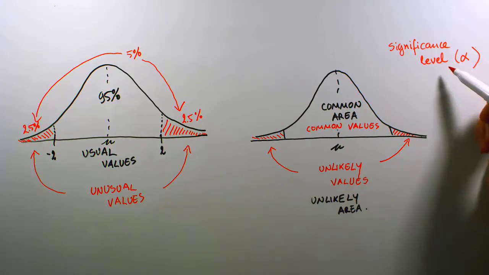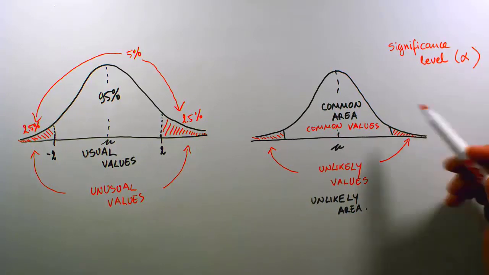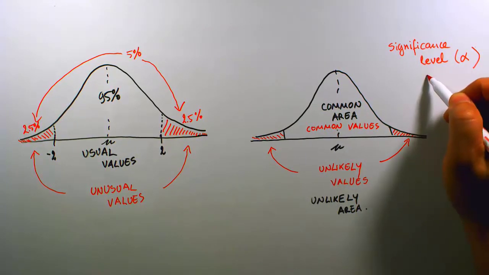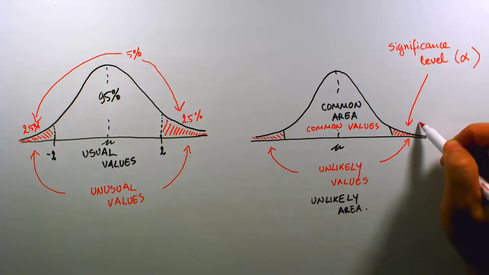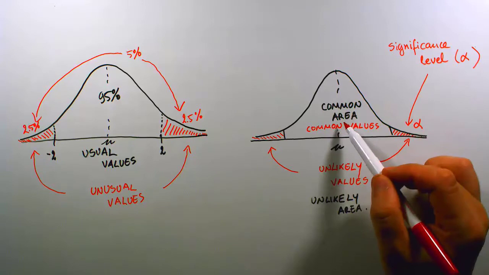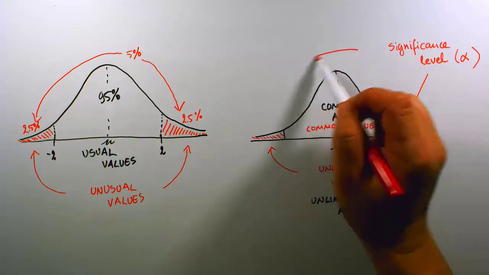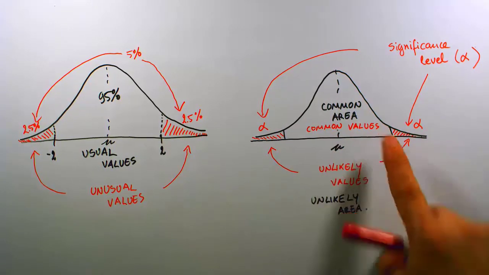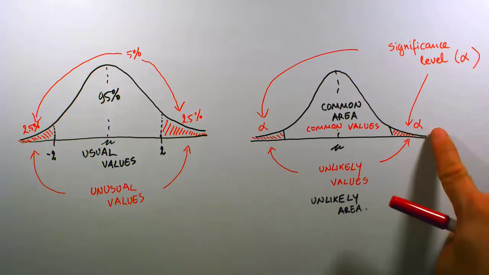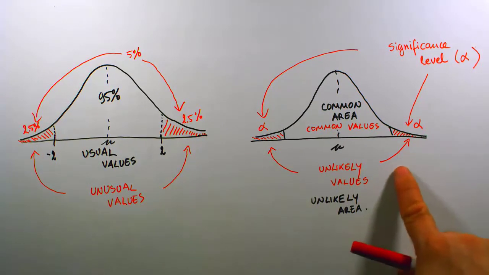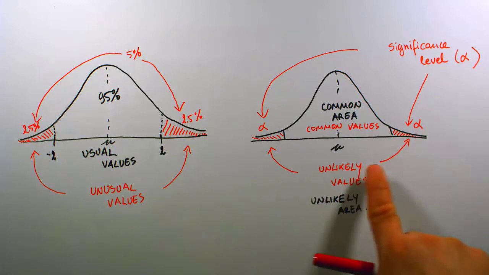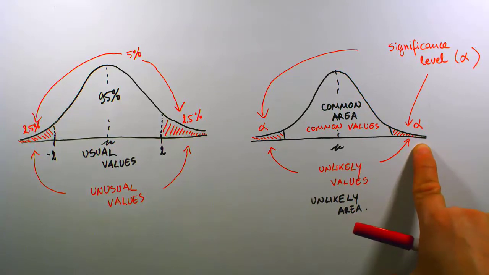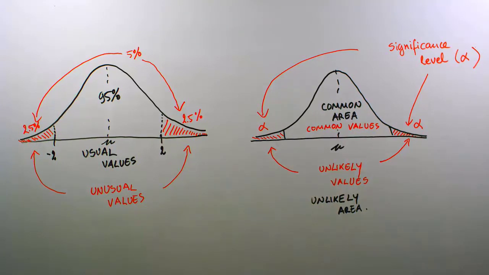But in this concept of the common area and the unlikely area, the significance level in a hypothesis testing problem is how much unlikely area is to the right outside of the common area values, or how much unlikely area is to the left outside of the common area values. The significance level is, in other words, the probability of how low the probability is that a value can possibly fall into this unlikely area or fall into the left side unlikely area.